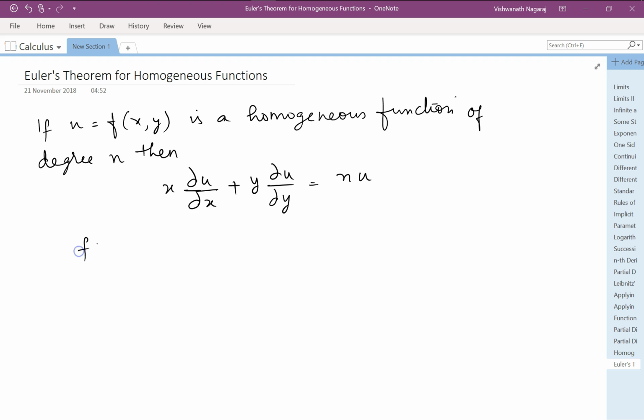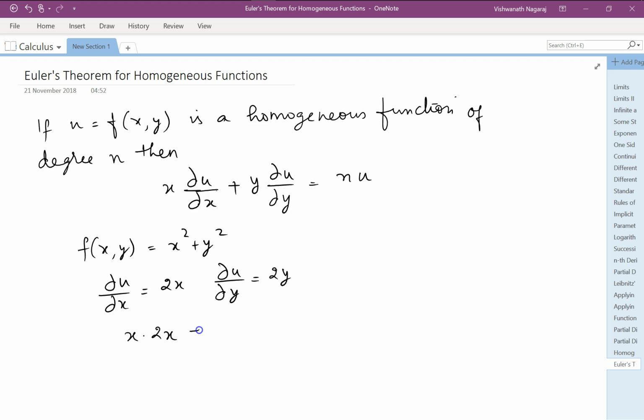What this basically means is, if this is the function u = x square plus y square, ∂u/∂x is equal to what? 2x. ∂u/∂y is equal to what? 2y. Now we have to multiply ∂u/∂x by x, and y times ∂u/∂y.